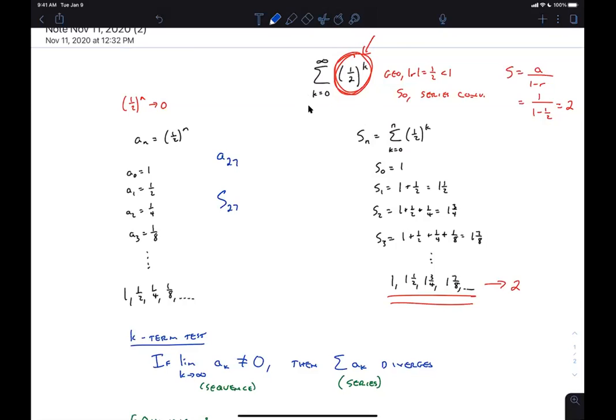A27, because it's 1/2 to the 27th. And I'll let you figure out what that is, but 1/2 to the 27th. S27 is annoying. It's 1 plus 1/2 plus 1/4 plus up until plus 1/2 to the 27th. You have to add up a bunch of stuff. It's not that you can't do it, but it's not a very easy direct way to do that.